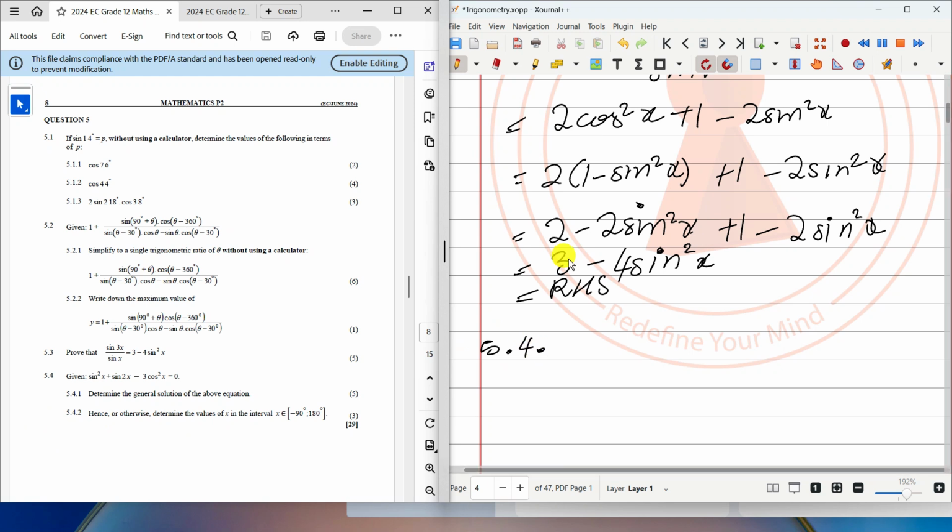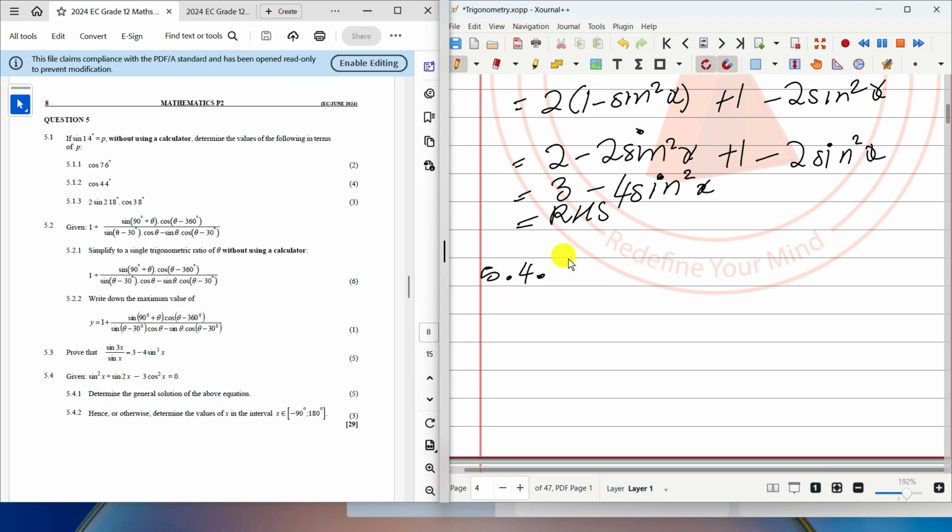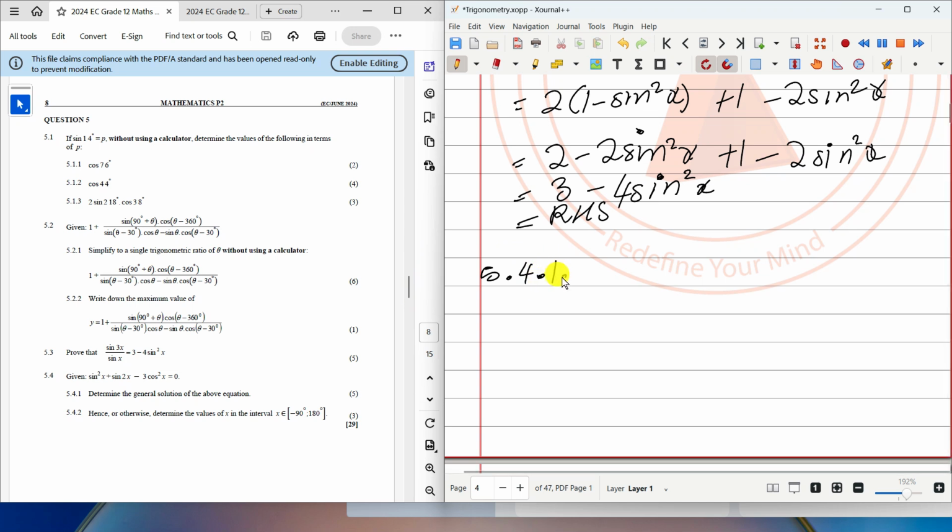5.4. It says, given sine square x plus sine 2x minus 3 cos square x is equal to 0. 5.4.1. Determine the general solution of that. Sine square x plus sine 2x minus 3 cos square x equals 0.